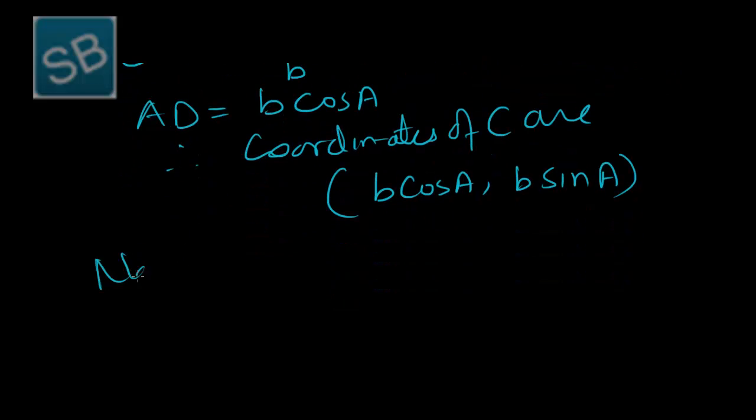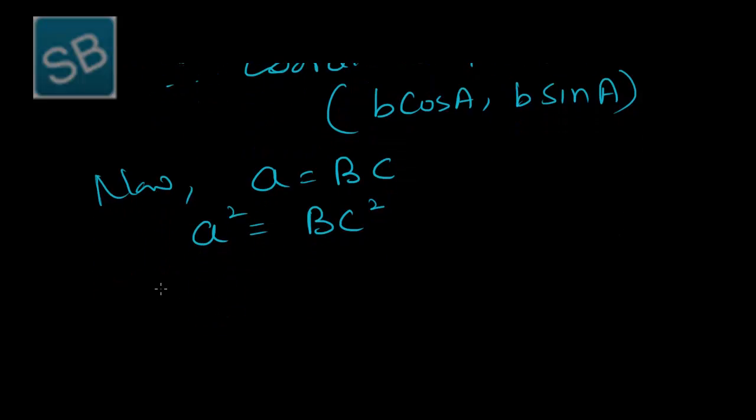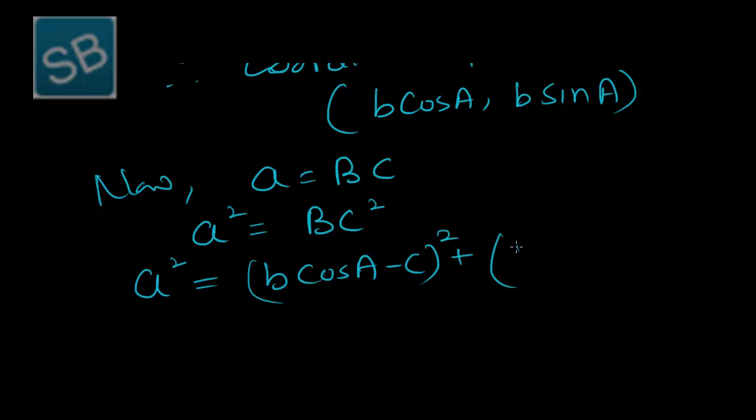And now we have a is equal to BC. On squaring, a² is equal to BC². Now we find BC² by using the distance formula: BC² is (x1 − x2)² plus (y1 − y2)².